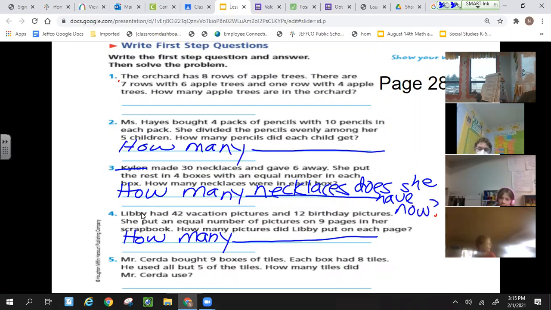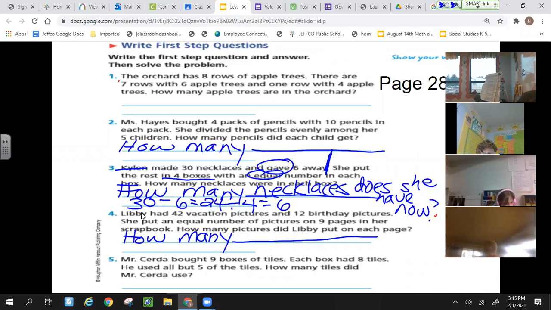Getting rid of tells you to subtract. 30 minus 6 should have been 24. So this was your first step. She put the rest in 4 boxes with an equal number in each box. That means you divided by 4. And you should have gotten 6 in each box.